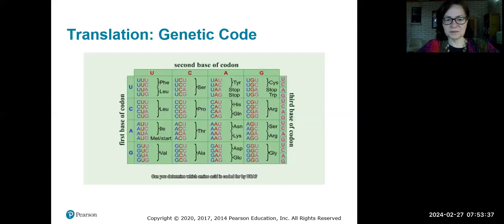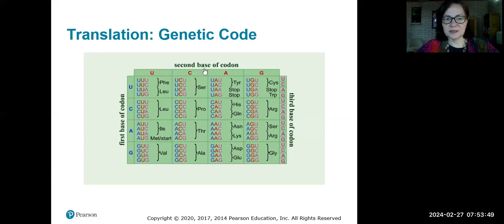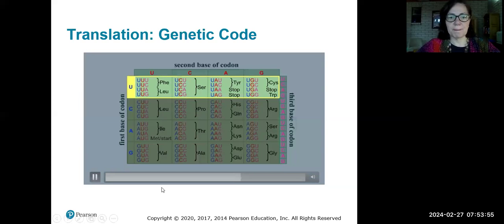Can you determine which amino acid is coded for by UCA? So UCA, you're going to look for the first letter over here, U, second letter, C, over here, and then finally, third letter, A. There we go.